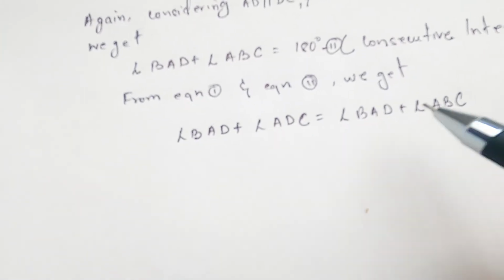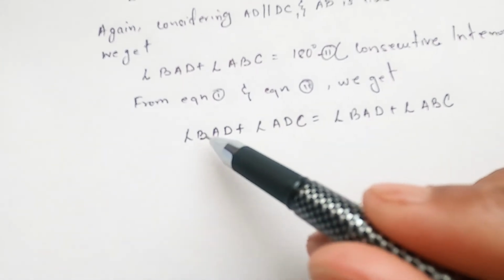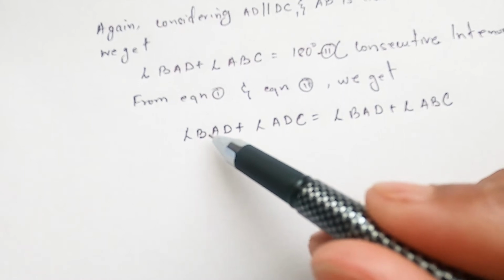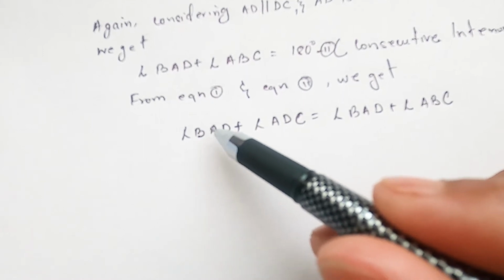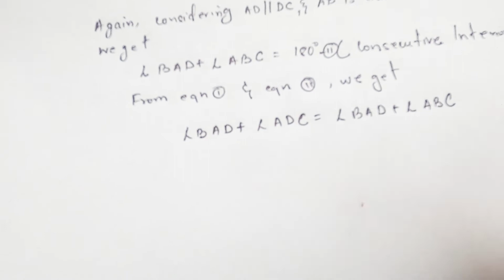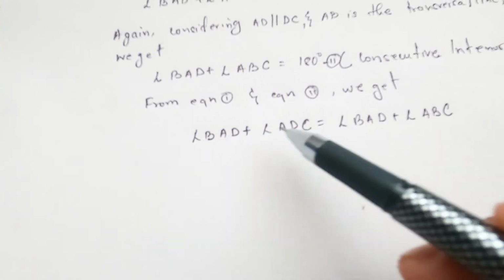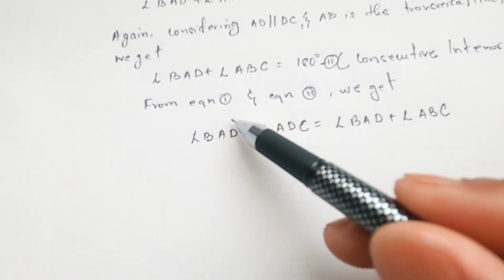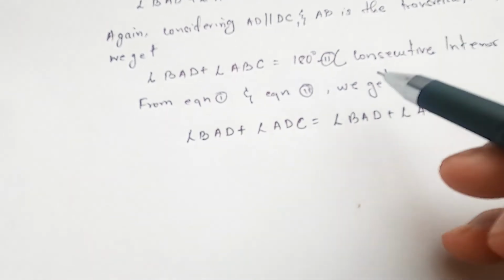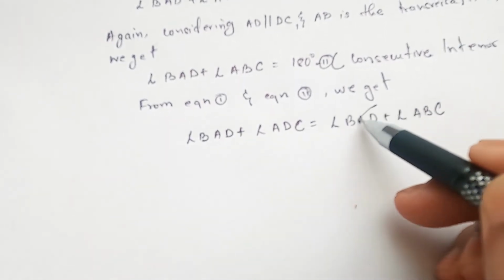So from the equations we can see that we have two angles which are common. So the common angles, we can cancel them.